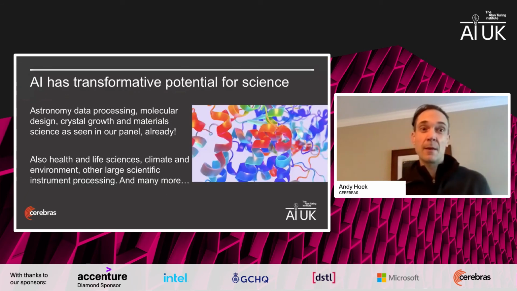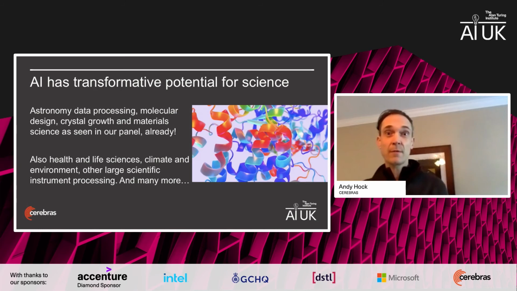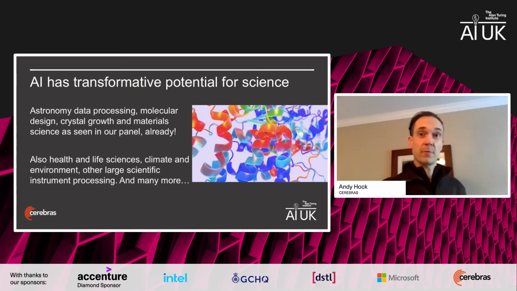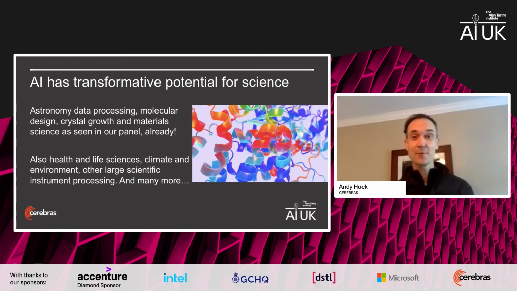I think we widely recognize that AI has incredible potential in industry for applications ranging from digital media to autonomy and robotics. But of course, as we've heard here already, AI also has transformative potential for science, from applications ranging from astronomy data processing to molecular design, crystal growth, and material science, as we've heard from our panelists already.